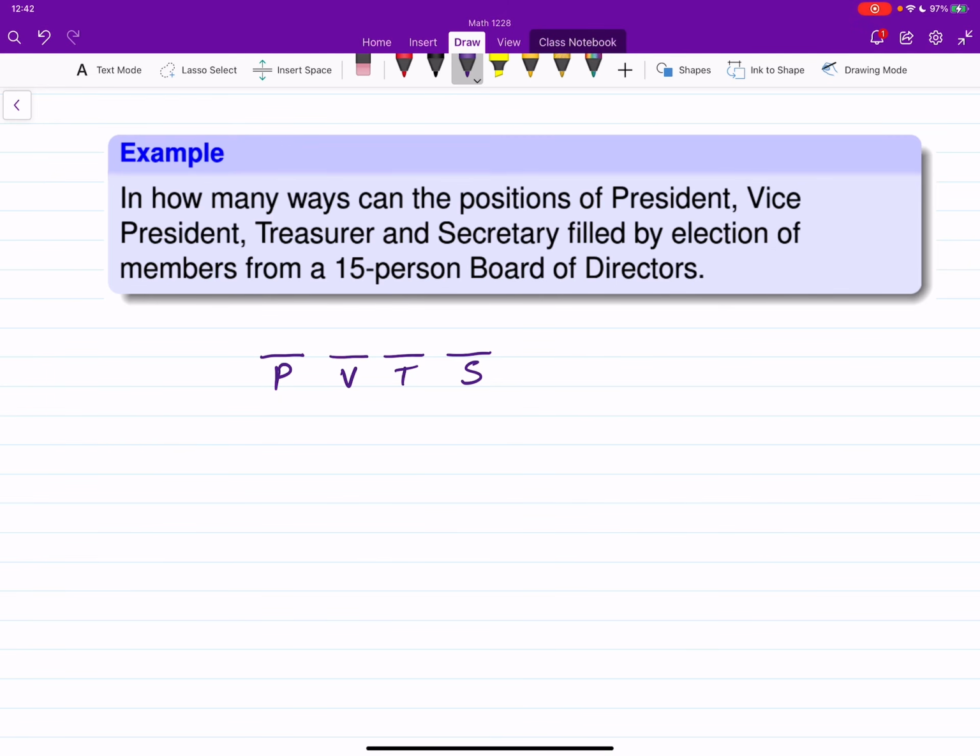So we are basically looking for permutations of 4 people out of a total of 15. As the formula suggested, this is 15 factorial divided by 15 minus how many people we are going to put in the arrangement? 4. And that is 15 factorial over 11 factorial.